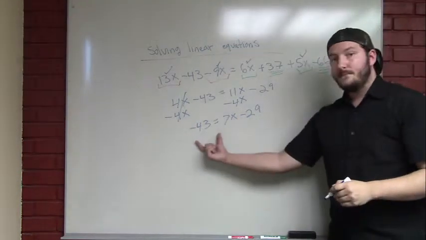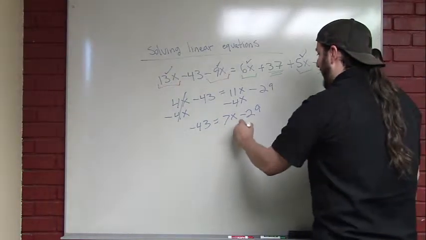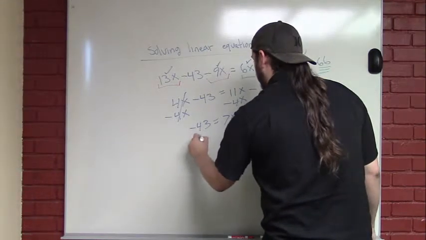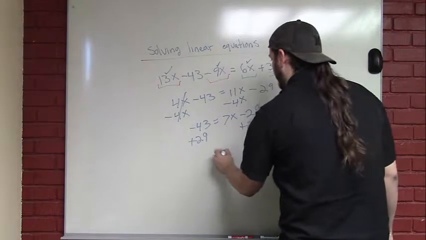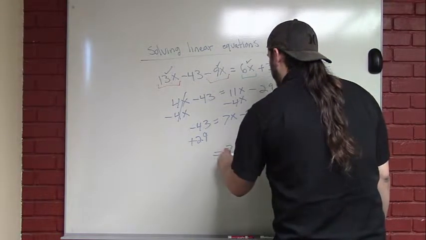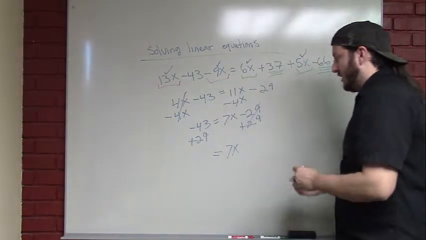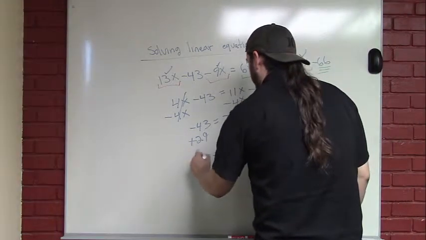Now we got this guy, okay? Again, we're solving for x. So you're going to want to add a 29 to both sides, so those guys cancel. So you're going to have 7x on your right side, and on your left side, you're going to have a negative 14, okay?